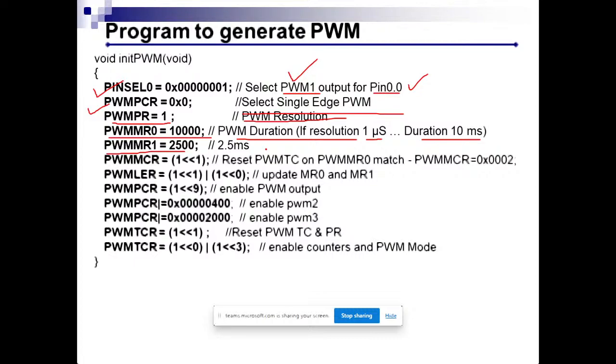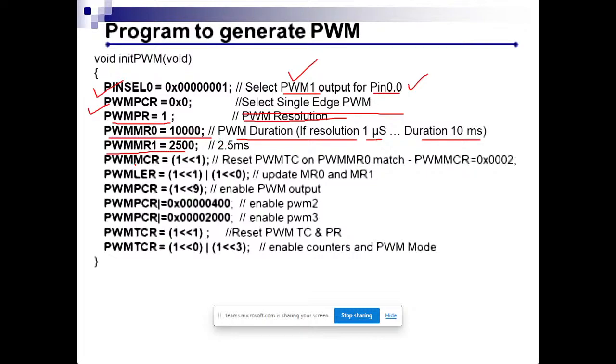Similarly, if I make this 10,000, then it is 100% duty cycle. That means PWM will not be generated at all, and that pin will remain active high continuously. If I make this, let's say, 1000, then it will produce a 1 millisecond pulse, that means 10% duty cycle.